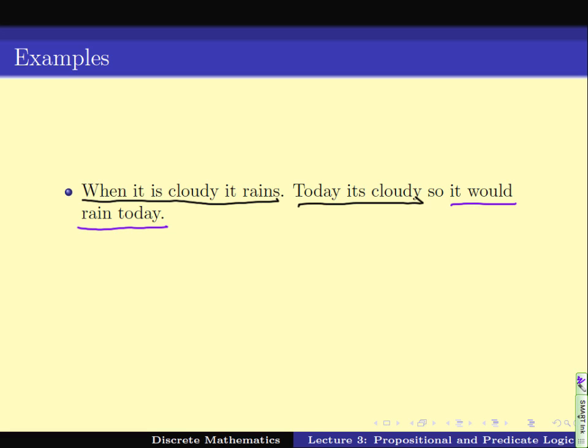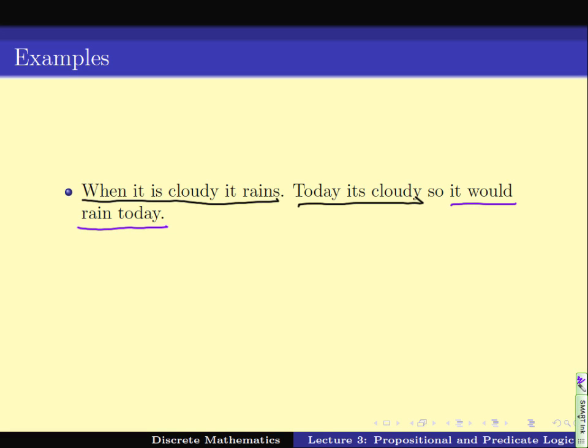As you can see, the assumption comprises of two statements, and ideally one should think of it as when it is cloudy it rains and today it's cloudy. That is the assumption, and the deduction is it would rain today. So we see that the assumption is composed of two statements and connected by the connective and.